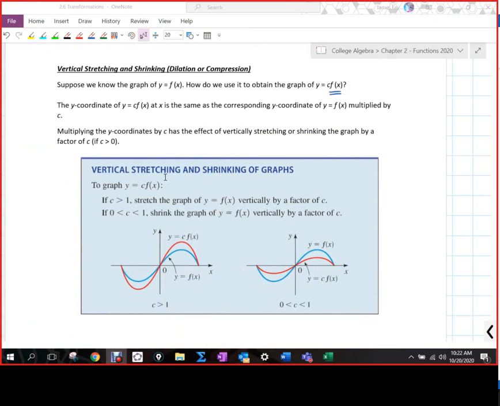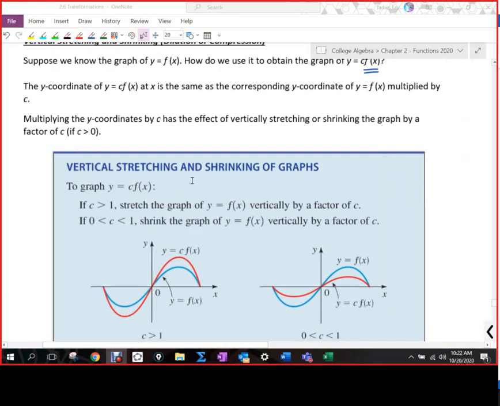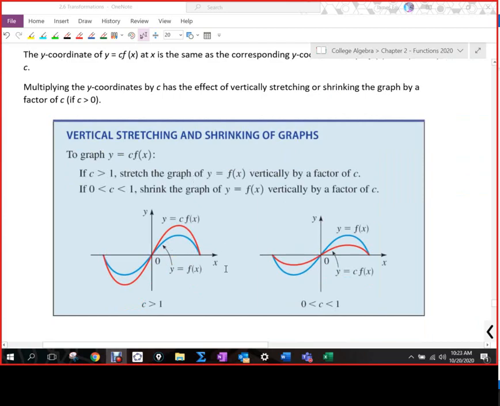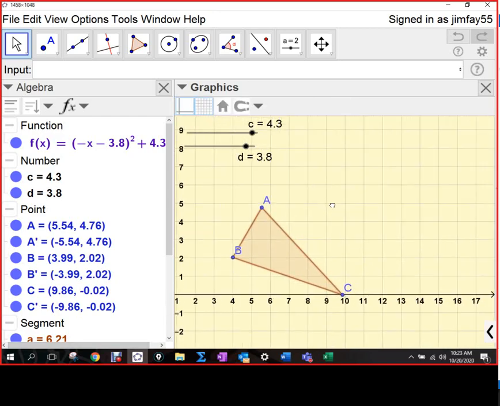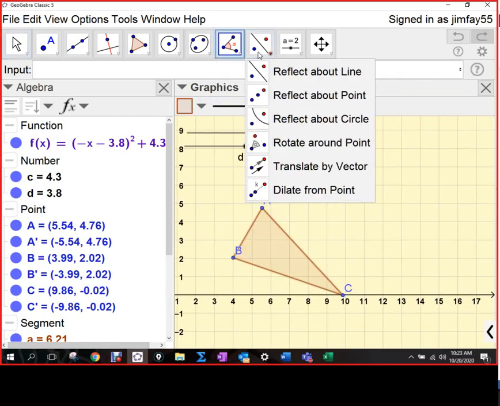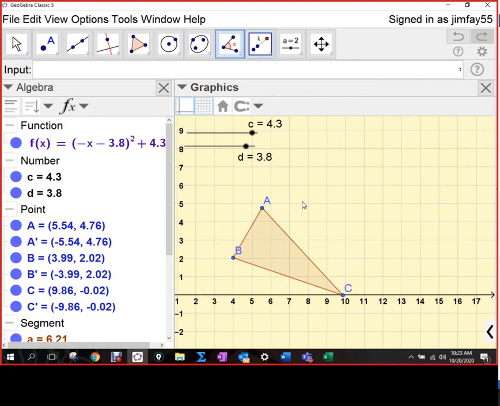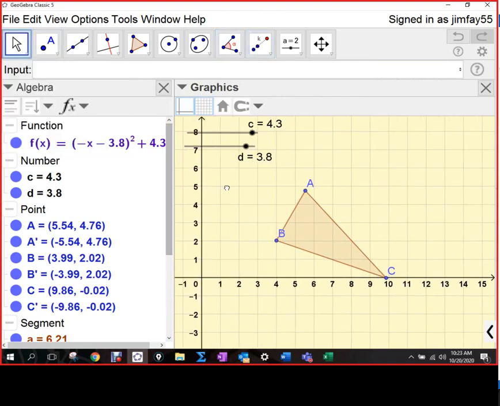Okay? Today, we're going to talk about vertical stretching and shrinking of graphs. Okay? Well, all that is, if you go back to geometry, if I take this graph right here and I dilate, and we'll go from, in this case, 0 to 0, so let's put that point in.